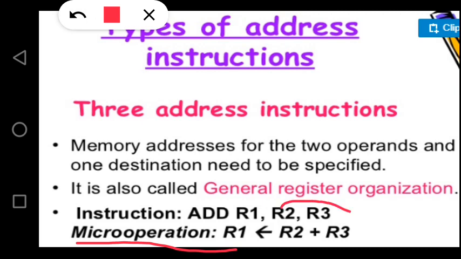Here: add R2 and R3, store in R1. Sometimes it can be add R1, R2 and store in R3. It doesn't make a difference, it's just a notation. So this is the micro operation required to be performed by the ALU, storing the result in R1.